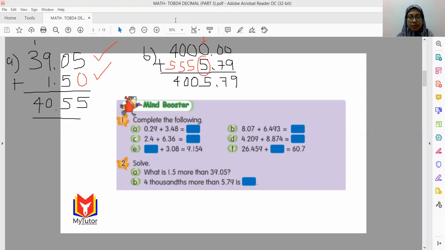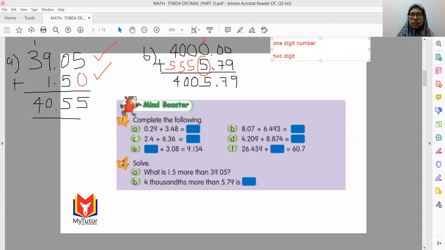Basically, in math, we have one digit numbers. What is a one digit number? A one digit number is from 0 until 9, only one digit. Later on we have two digit numbers.